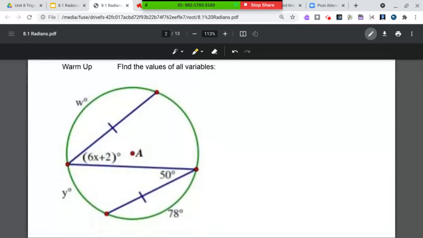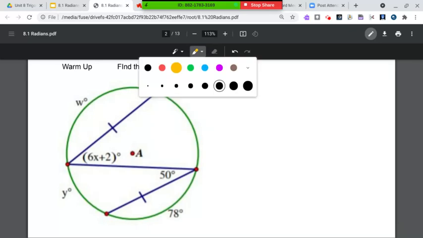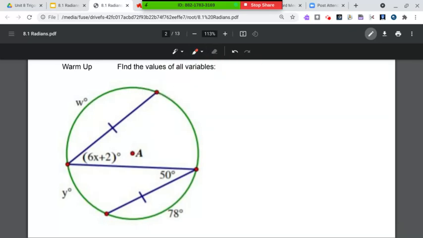Let's do a warm up first from our circles unit that we just tested on yesterday. So the first thing I recognize and see here are those tick marks. And so remember that the tick marks are indicative of congruent chords. So this chord here is congruent to this chord here.